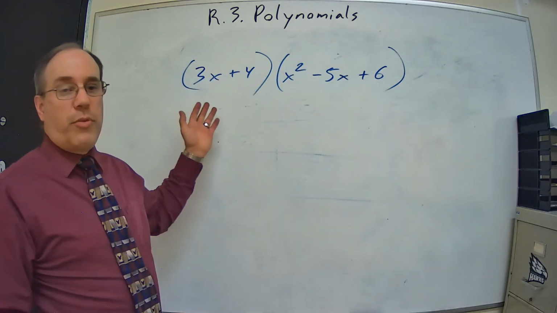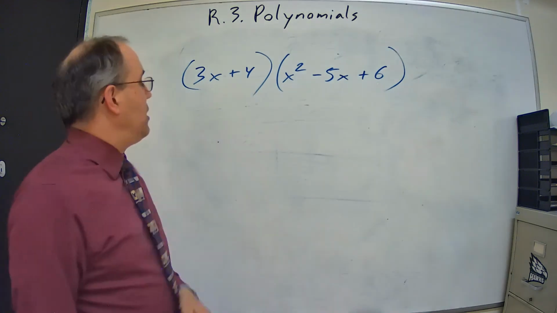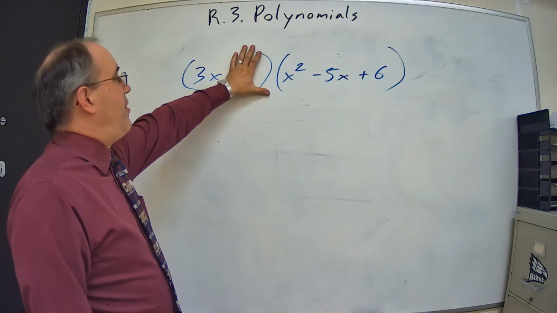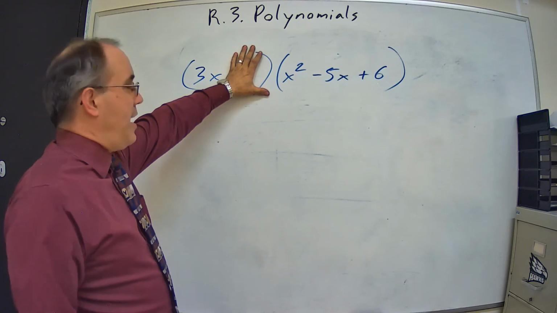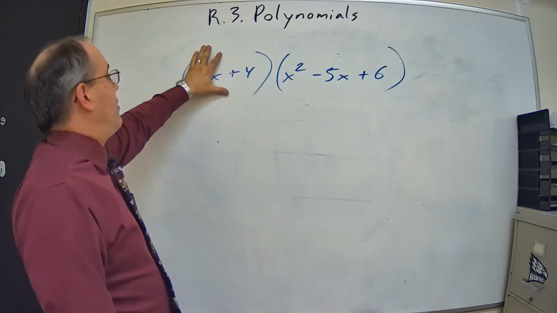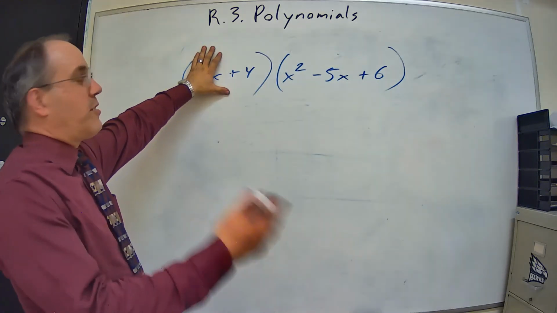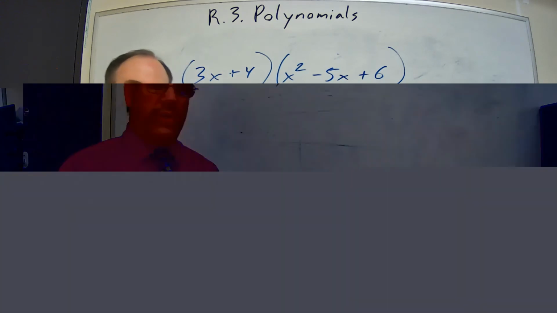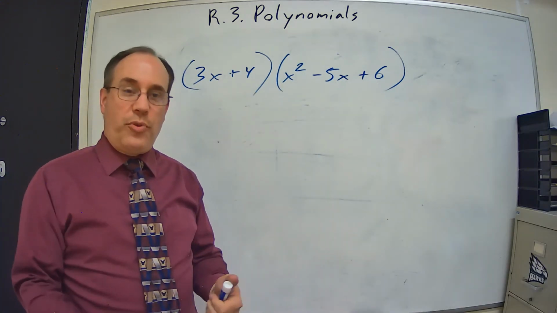I call this multiple distributions. If you look at this, you realize that if I get rid of that, then I just have 3 times x squared minus 5x plus 6, which is just distributing. If I get rid of this, I have 4 times x, which is just distributing. And what FOIL really does is it really is just distributing multiple times.